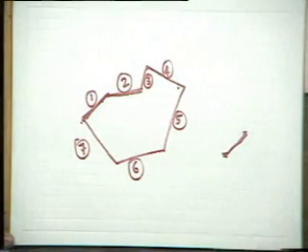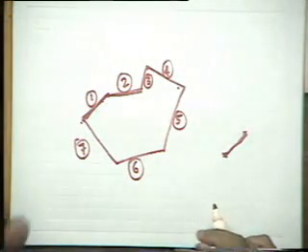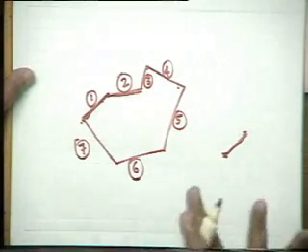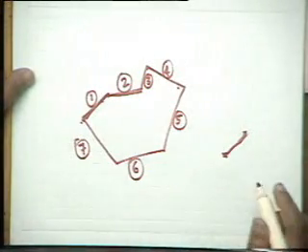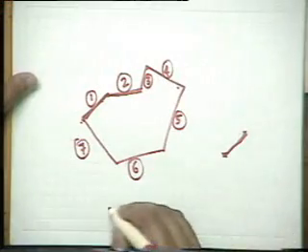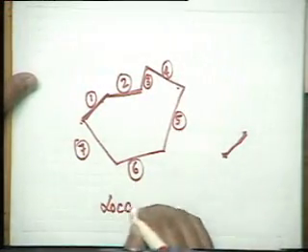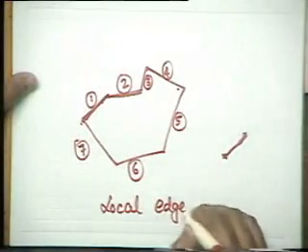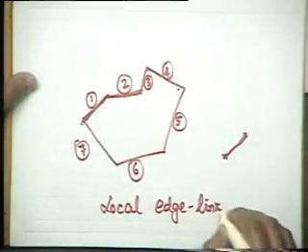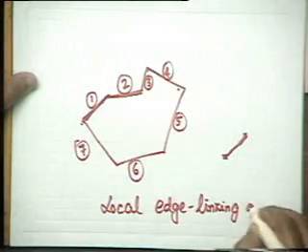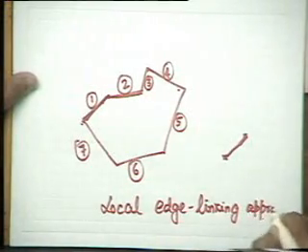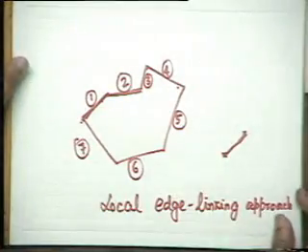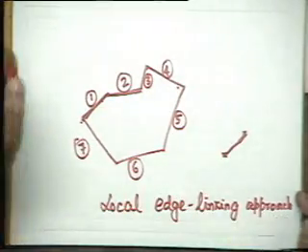So this is one approach followed for edge linking, and this approach is called the local edge linking approach, or rather a local approach towards boundary detection.